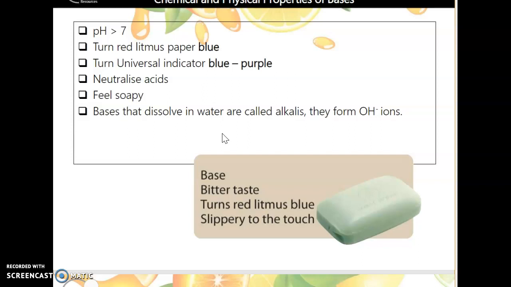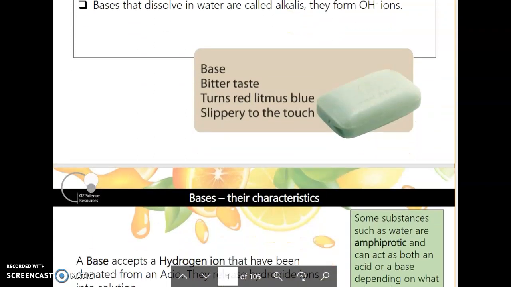An alkali has an excess of OH- ions. When the alkali becomes weaker, that excess is reduced, so we have a lower concentration of OH- ions. They also taste bitter, turn litmus paper blue, and are slippery to touch.